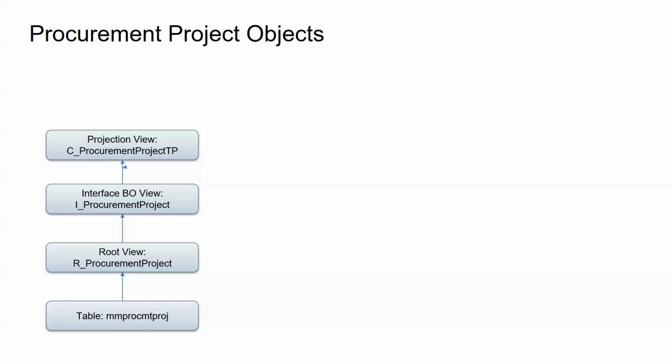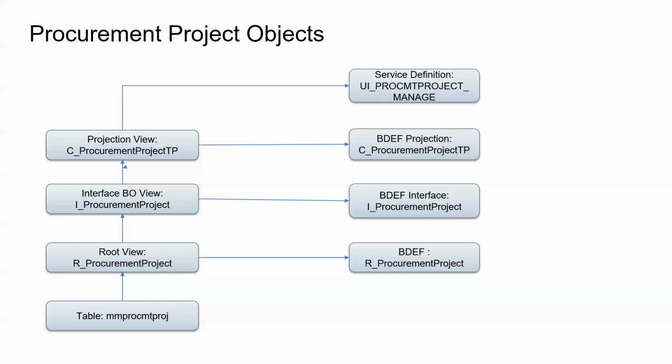you can see that this is the data model which is used by the standard RAP application. So they are using the table. This is the table and this is the root view. So this is the interface and the projection view which they are using. I identified this from API.sap.com. And then these are the interfaces which they are using for behavior logic, in terms of behavior definition and implementation.